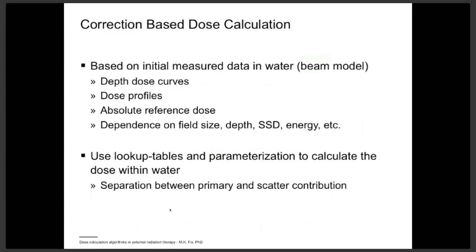So we have this separation not only for the model-based dose calculation algorithms, but also for these more simple correction-based algorithms. Finally, we need to apply these corrections for getting an estimate of the dose calculation in the patient. And I will go through all these three topics in the next slides.